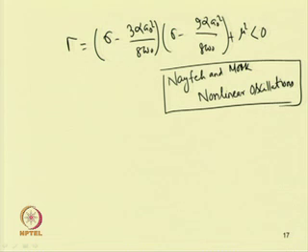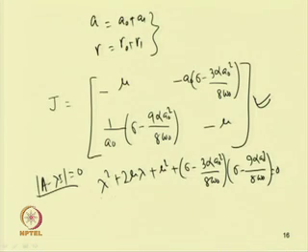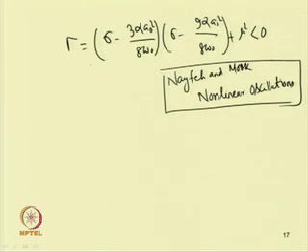So, one can obtain the stability from this equation. When the real part of lambda is less than 0, then the system will be stable. So, from this one can solve and find that if this term is less than 0, then the system will be unstable.